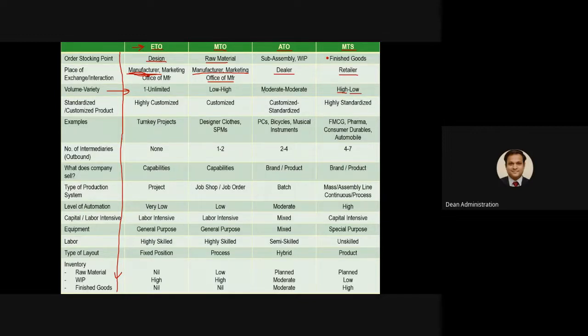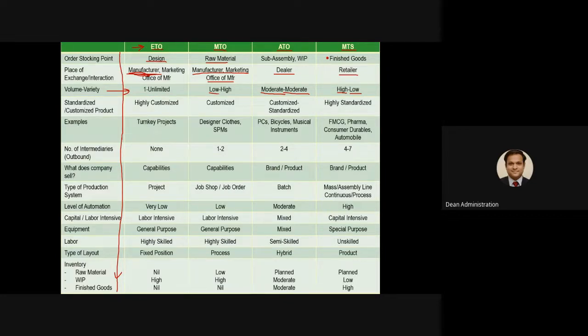Then for assemble to order, the volume is moderate and the variety is also moderate. So that would be a typical one. Then the next one is the MTO. Volume of production becomes lesser. You understand, na? Because you have to go by individual orders, so you can't churn out thousands of products.